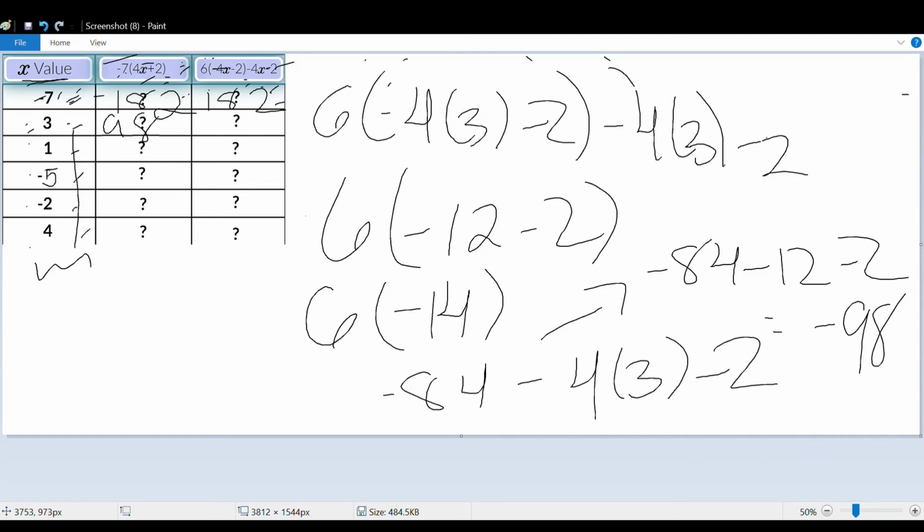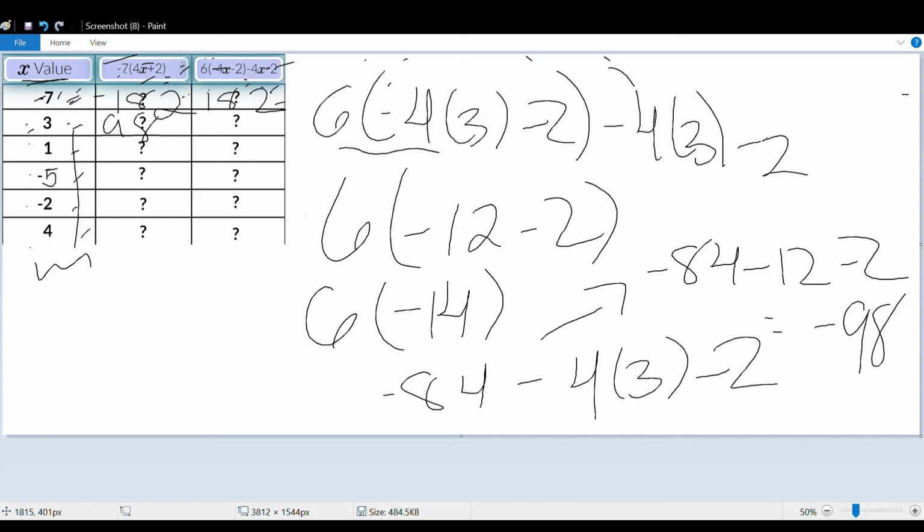Let's see where we missed this. If you guys caught the mistake, you guys are very smart. I did not even see this. It seems like we did this equation correctly. We might have messed up on that one.